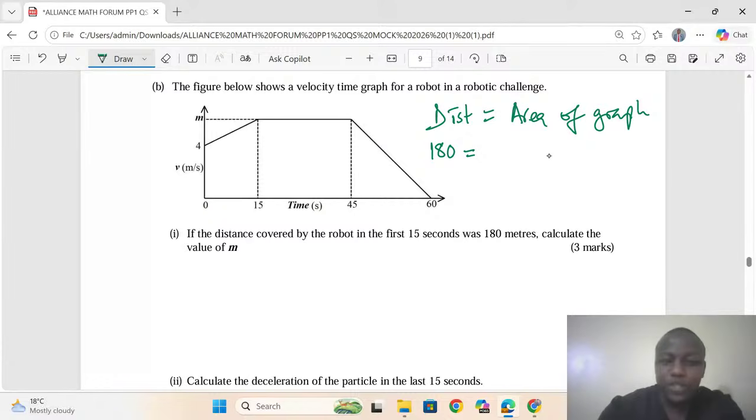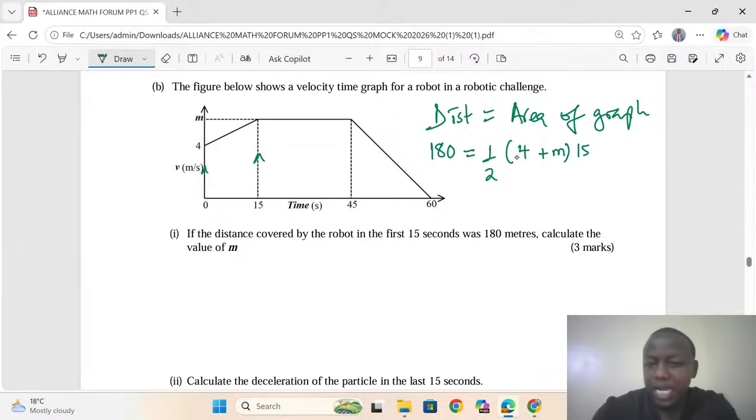So we can talk about half, times the sum of the two parallel sides. This one is 0 to 4, the other one is 0 to m, times the perpendicular distance between the two, 15, from 0 to 15. That is the distance between the two parallel sides.